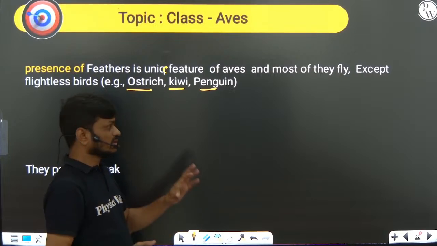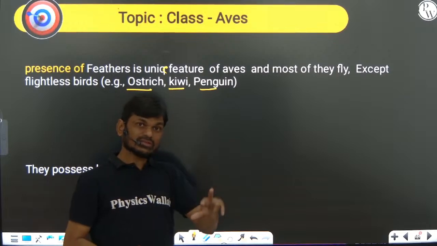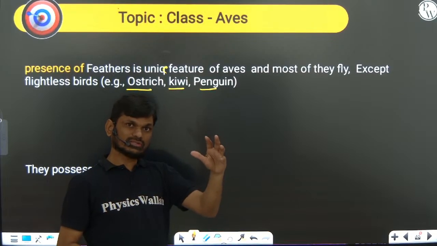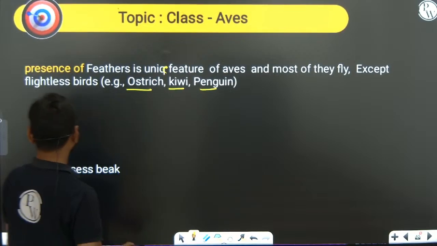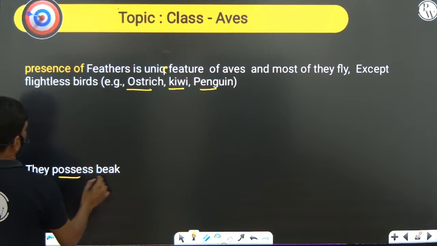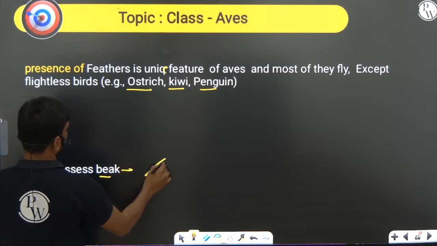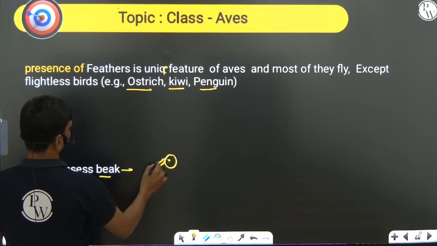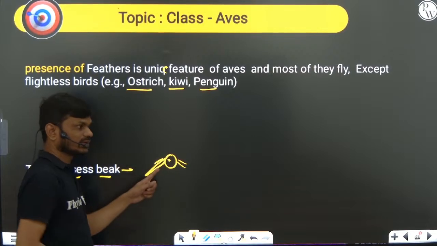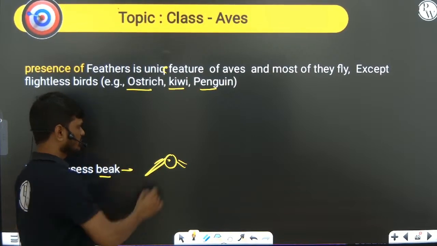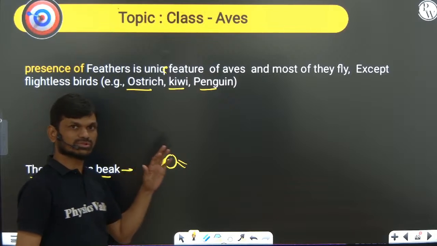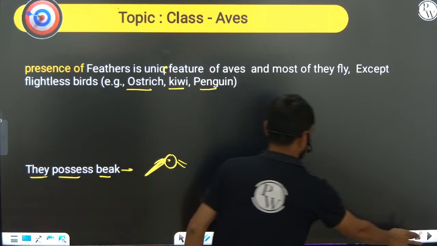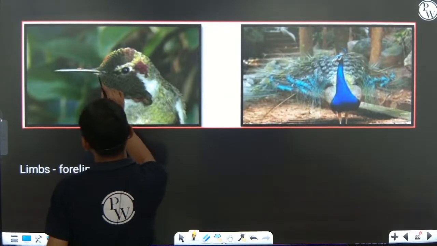But the presence of feathers and the ability to fly are the characteristic features of birds. They also possess a beak, a horny beak. Beak present, that is also a unique feature.